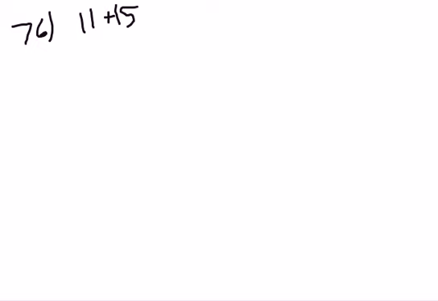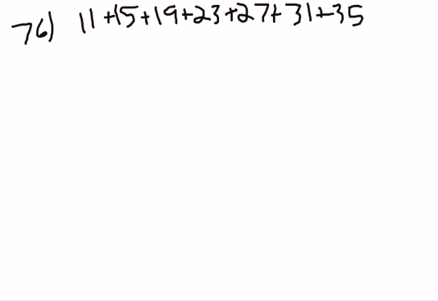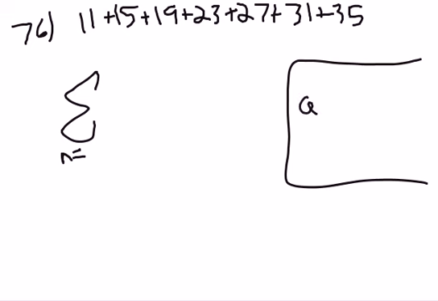So this is an arithmetic series, and it's finite. So if you don't recall, for arithmetic, this is how to find the nth term, where my common difference d here, in this case, is 4.